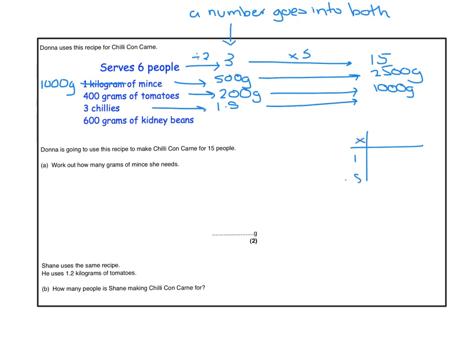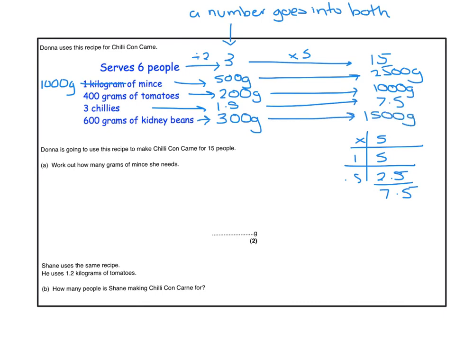So 1 times 5 is 5, and then 0.5 times 5 is the same as saying a half times 5, which is 2.5. So altogether you've got 7.5 chilies. And then 600 divided by 2 is 300 grams. Times by 5 is 1,500 grams. So there's my ingredients for 15 people.